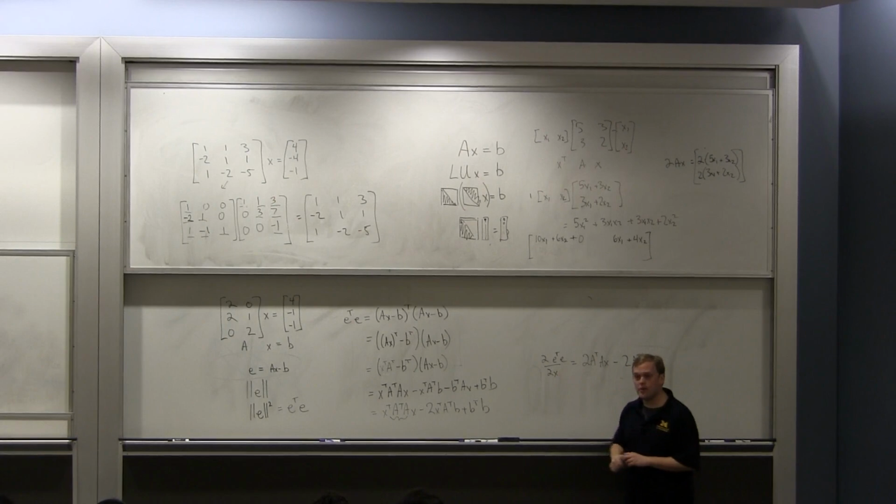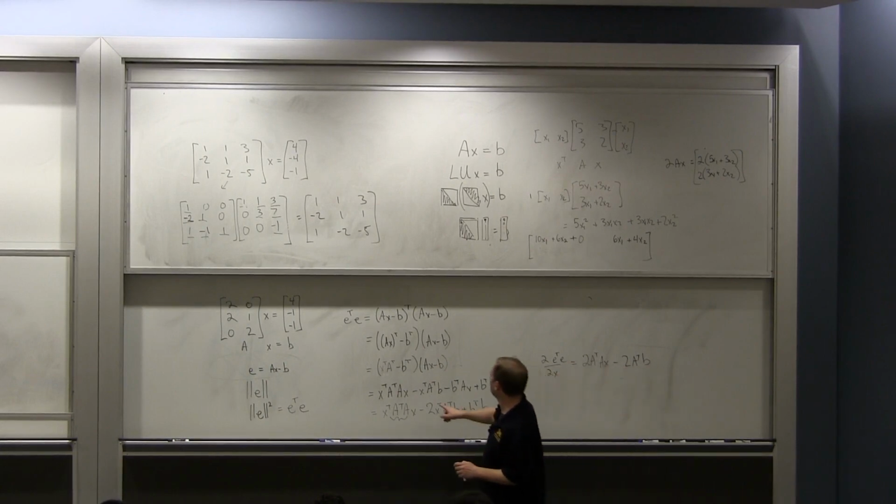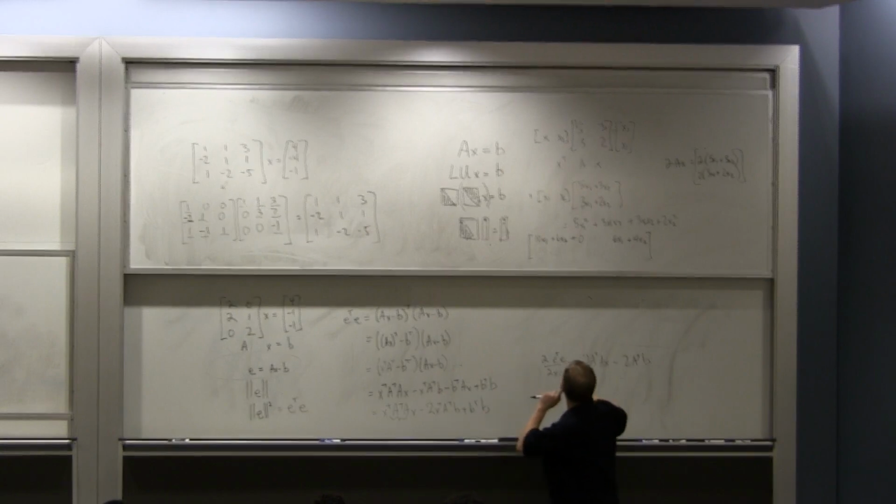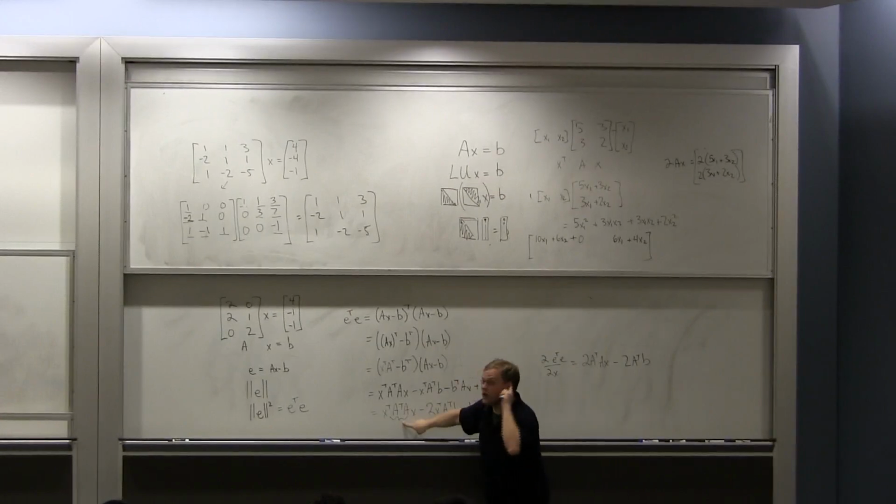All right, so now we've taken the partial derivative, and we're going to set it to 0. Yes? Why did you take the derivative of x transpose Ax? There's no x transpose Ax term in the equation. Oh, it's analogous to this one. It's still a square matrix, although it's A transpose A. I just meant A to represent a generic matrix.